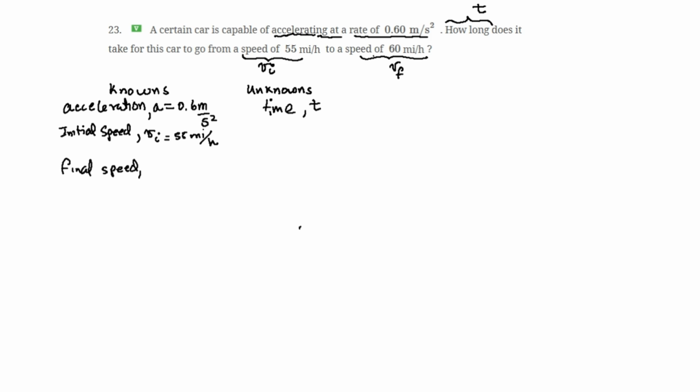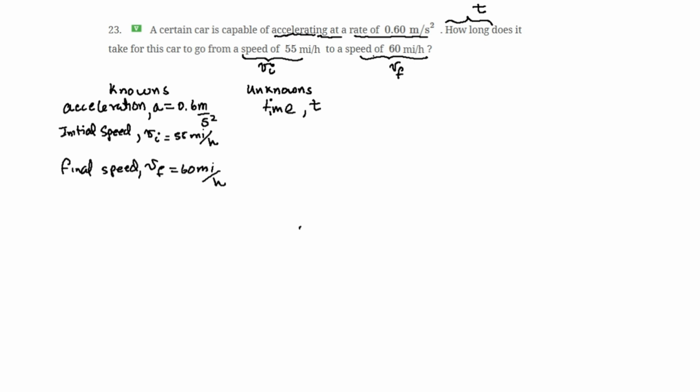Now, I know now the knowns and the unknowns. What formula relates the knowns and the unknowns? What are the formulas of kinematics? And this is how the reasoning must be done, right? You start reading the problem. You start finding which are the knowns and which are the unknowns, right? And then you say, okay, what is the equation that can relate these knowns with these unknowns?